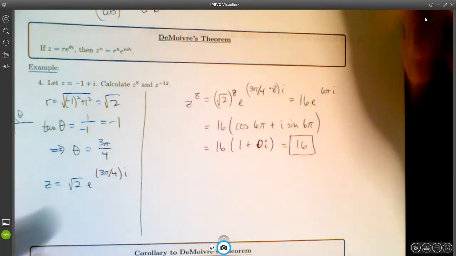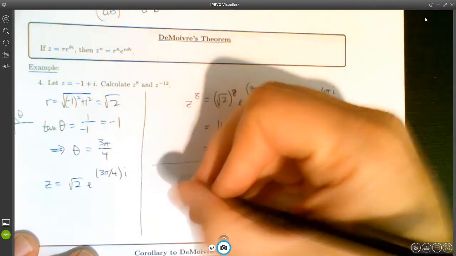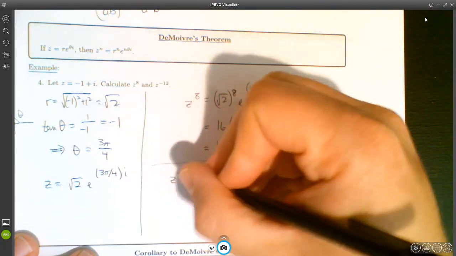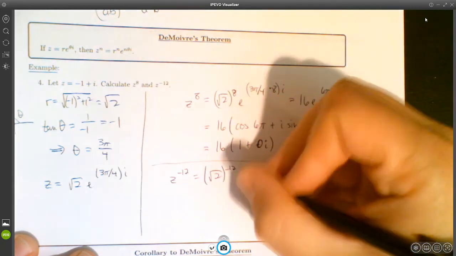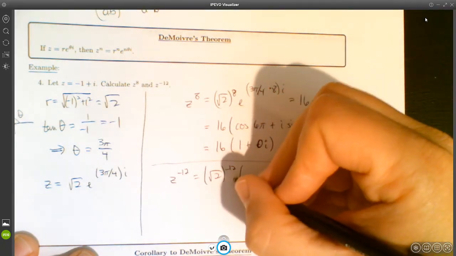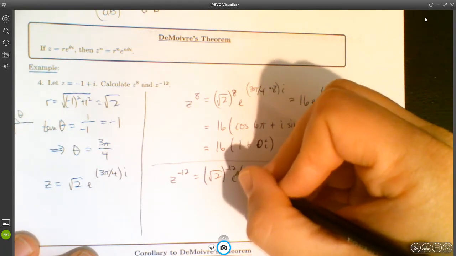z to the -12 is going to be similar, right? So z to the -12 is going to be root 2 to the -12 times e to the, oh shoot, I messed this up. I'm going to just use a little caret.